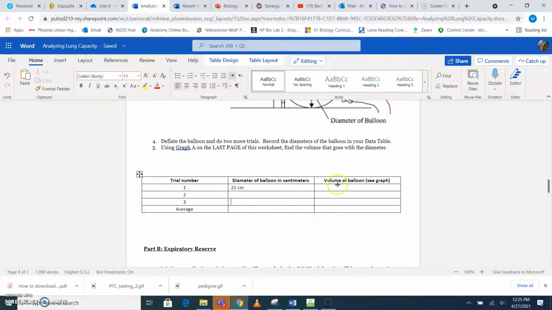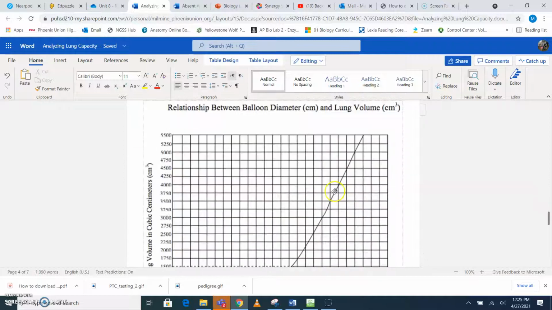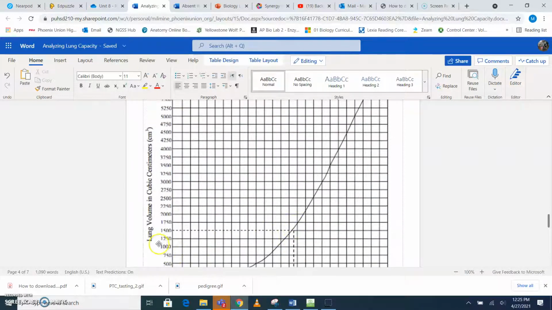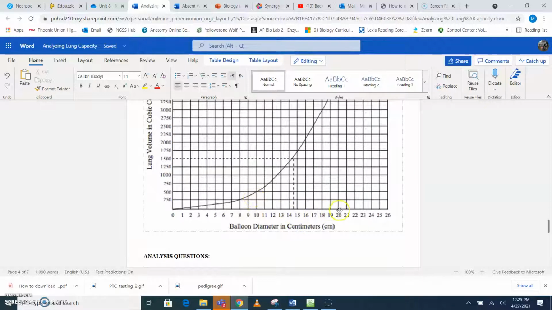And now we need to use the graph below to figure out the volume of this balloon. I am given my diameter, and I need to figure out the volume. When we use this graph, we are looking at the diameter of the balloon, which we were given. I had 21. We can then use that to measure the volume of the air in that balloon. We do have to understand that this is an approximation, not an exact value. So I had 21.